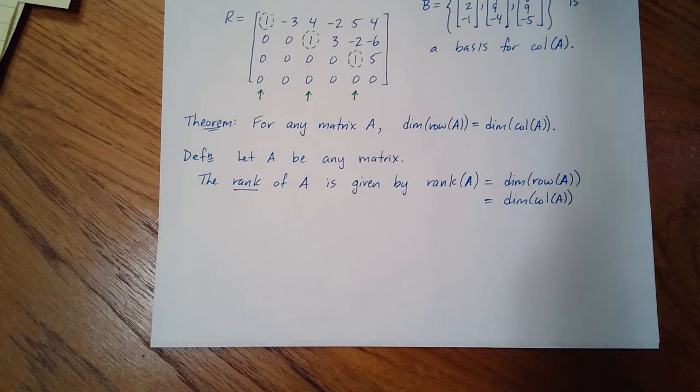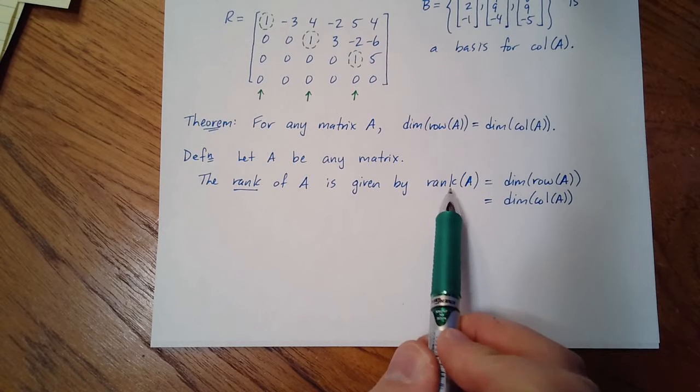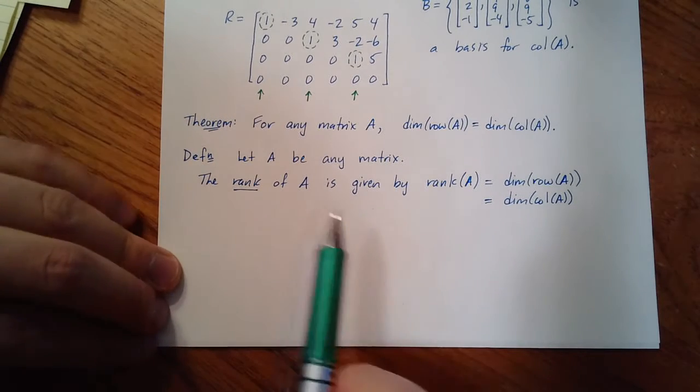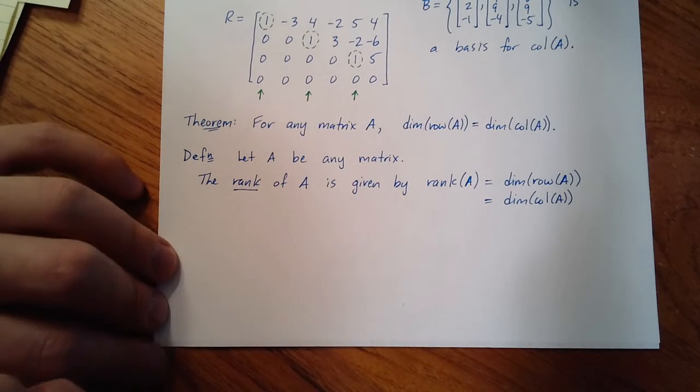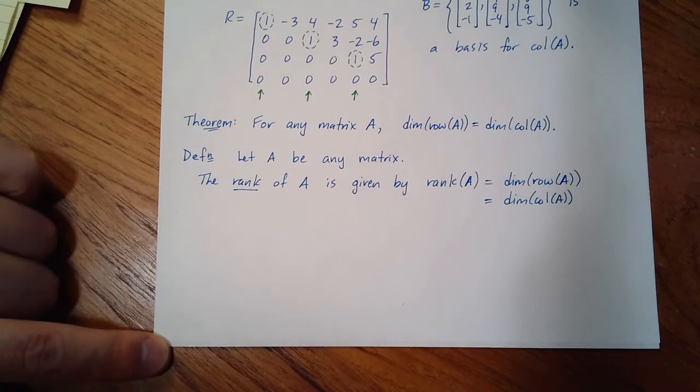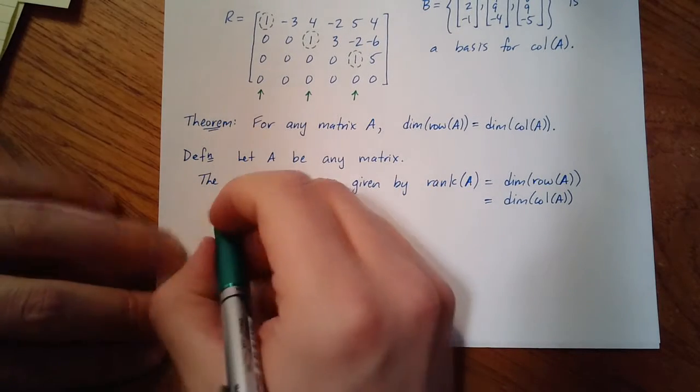What you're essentially doing is the rank of a matrix A. This is the idea that it captures. If you were to reduce A to reduced row echelon form, in fact, row echelon form would be good enough. But if you did reduce A to reduced row echelon form and you counted the leading ones, the rank of A is what tells you how many leading ones there's going to be.